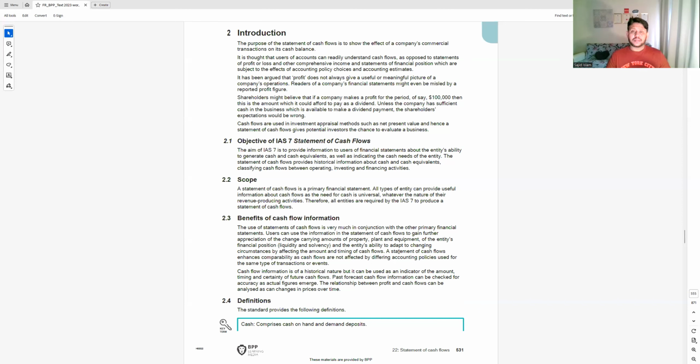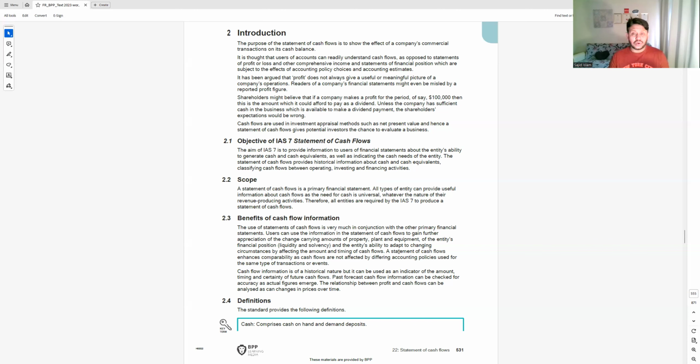Now, the cash flow statement is covered under IAS 7, that is International Accounting Standard 7. So IAS 7 covers the cash flow statement. The cash flow statement can be prepared under two methods. One is the direct method and one is the indirect method. But for the exam, we have to learn the indirect method.